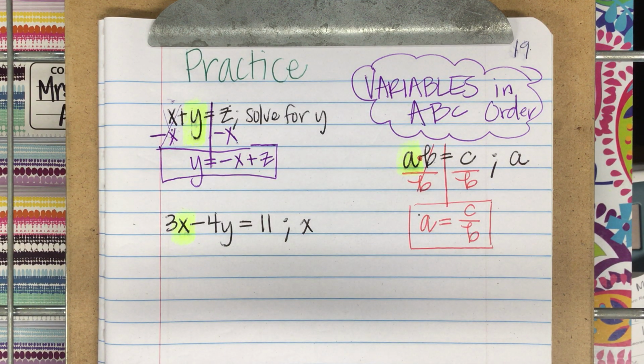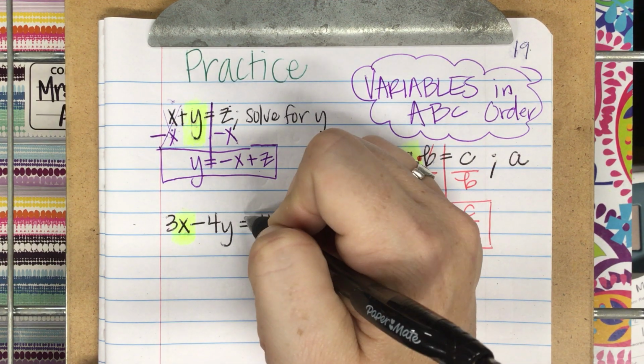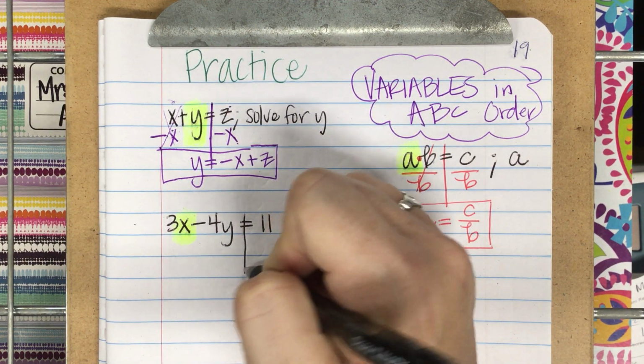So, two-step, right? I mean, this is a two-step equation. Do you agree? Yes. There's a minus sign, there's multiplication. So I don't need to simplify it. There's nothing to do.